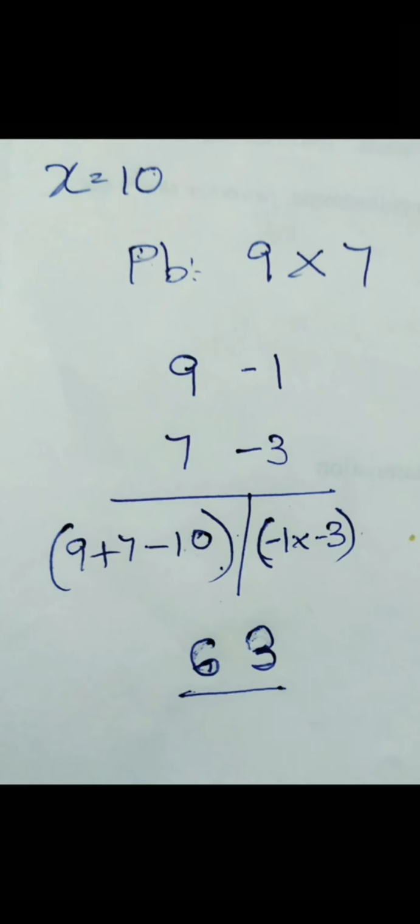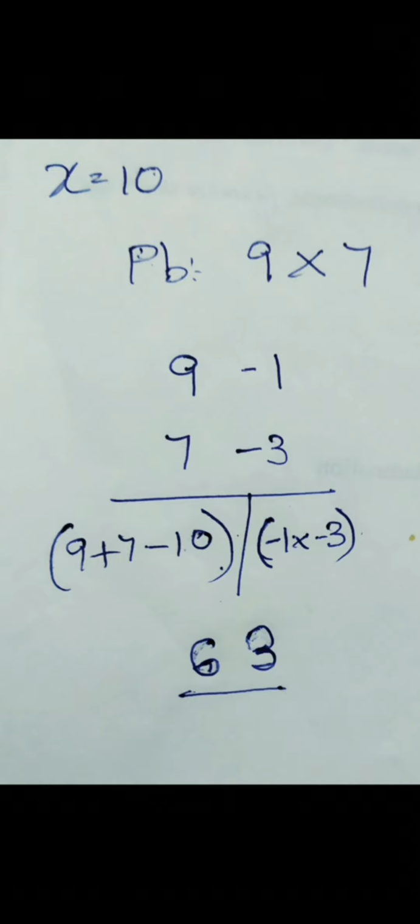Now this is the first method of doing it, where we add 9 and 7 and subtract 10 from it. This becomes the left hand side part, and the right hand side, as I mentioned earlier, will always remain the same. It is the product of minus 1 and minus 3. Finally, we get the result as 63.